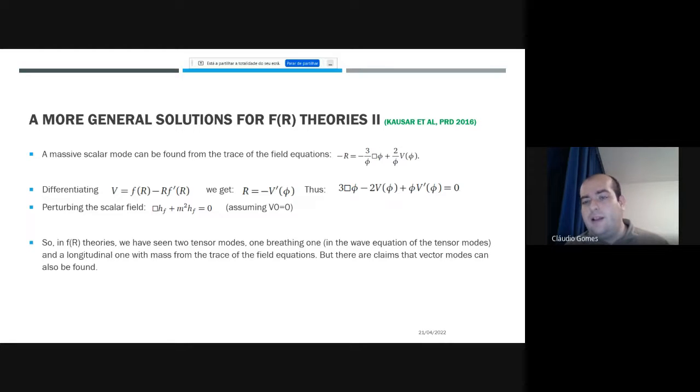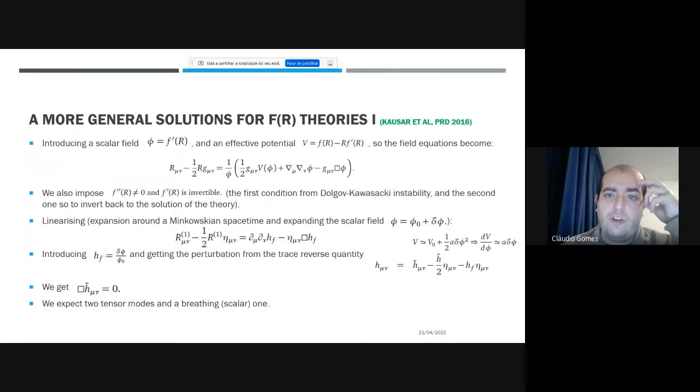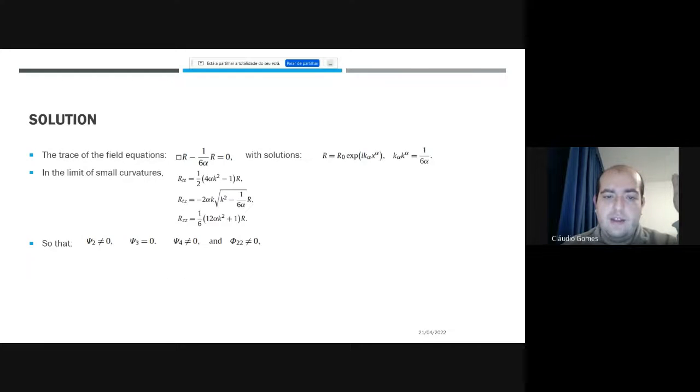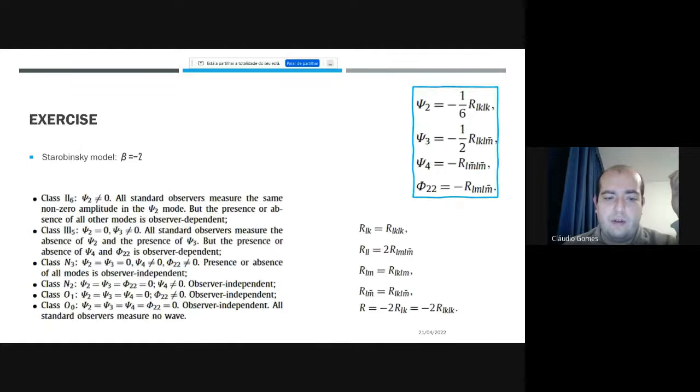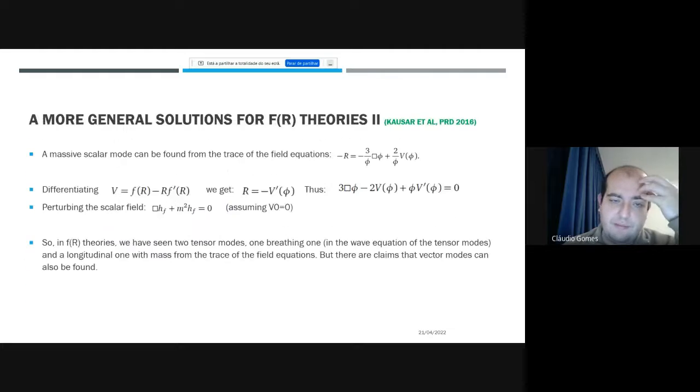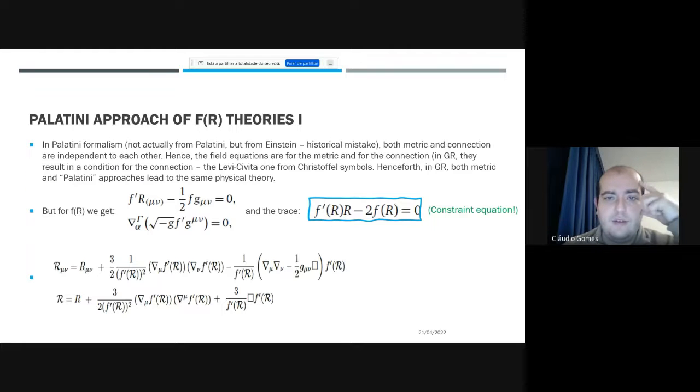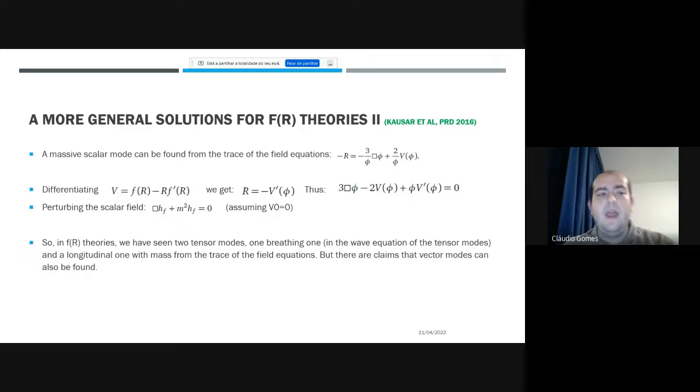Okay, but at least from this approach, we have only found 4 polarization modes: 2 tensor ones and 2 scalar ones, which was in the spirit of what we have found previously, right? In the specific case of f(R) theories. So this concludes the so-called metric approach to these theories.